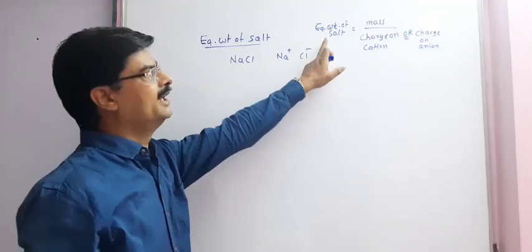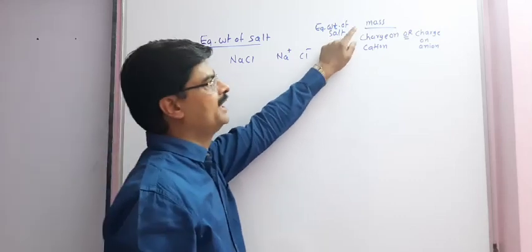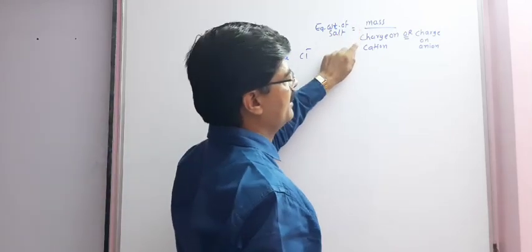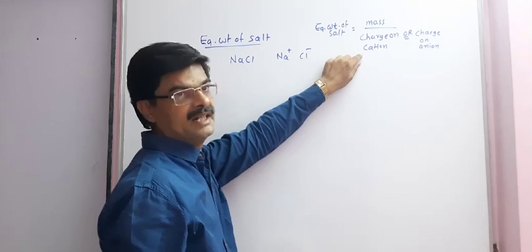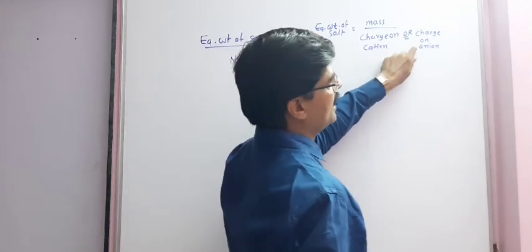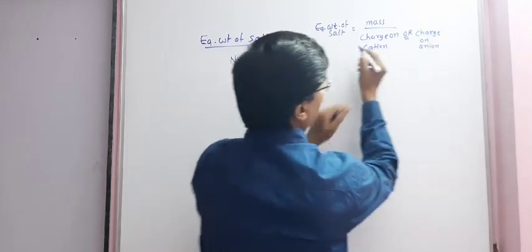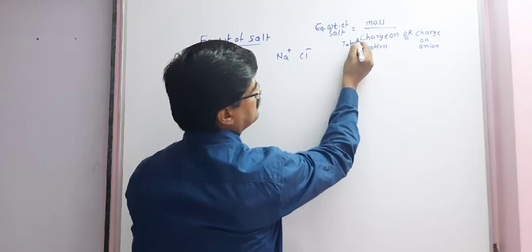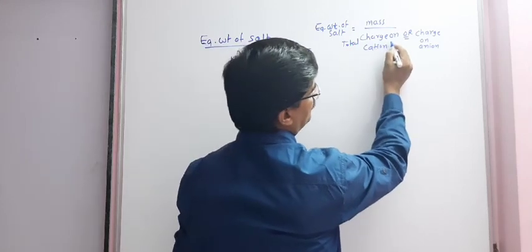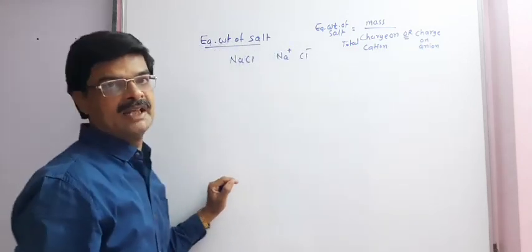Once more, equivalent weight of a salt can be obtained by molar mass divided by the total charge on cation or total charge on anion.